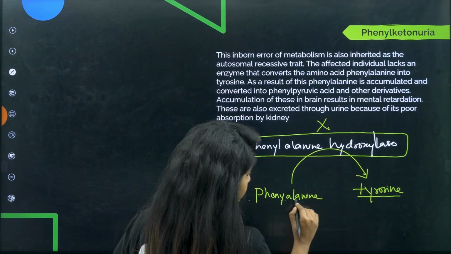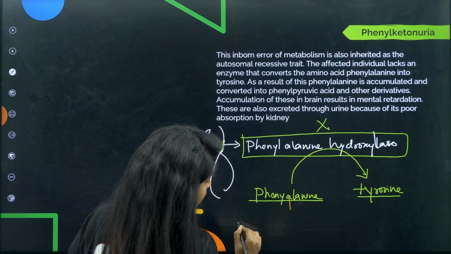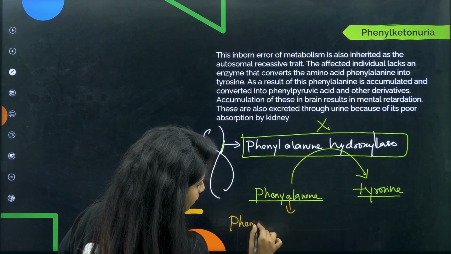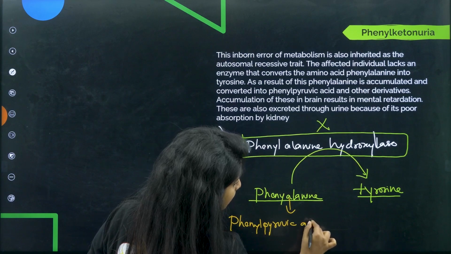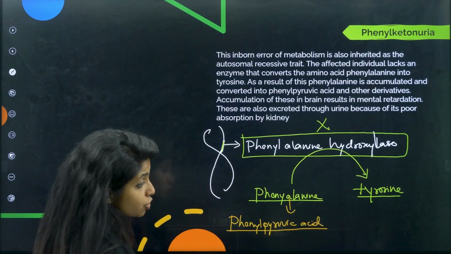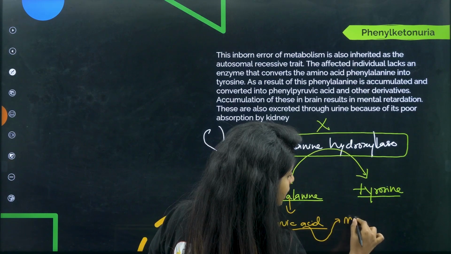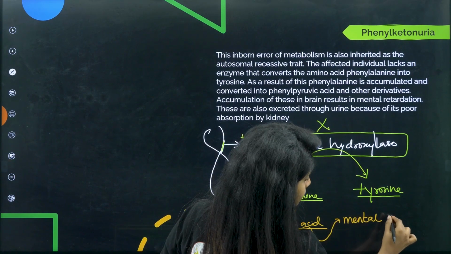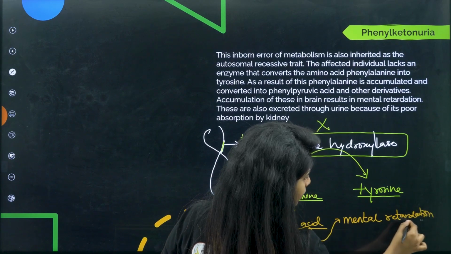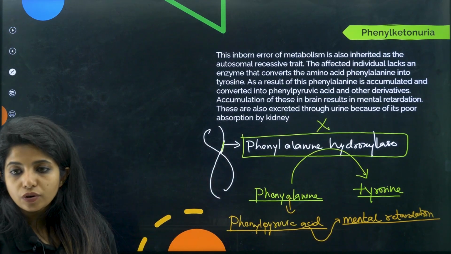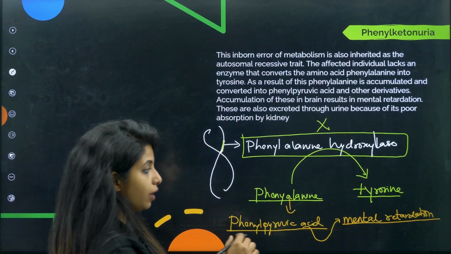This phenylalanine remains in our body and gets converted to something that is known as phenylpyruvic acid, which when it stays in our body can lead to mental retardation. It will lead to what, children? Mental retardation. Okay, that is one particular character that you have to remember of this.